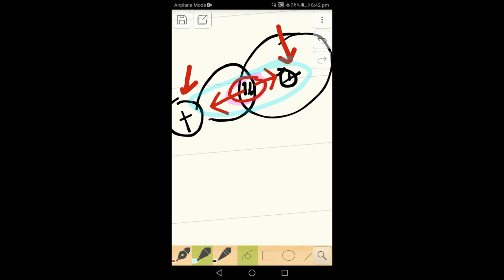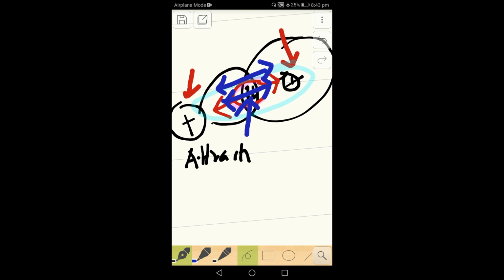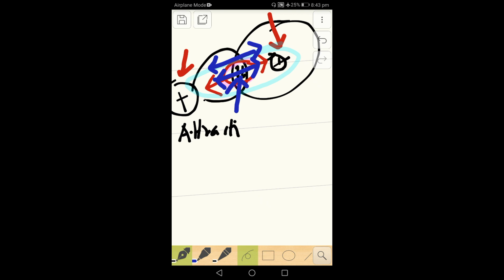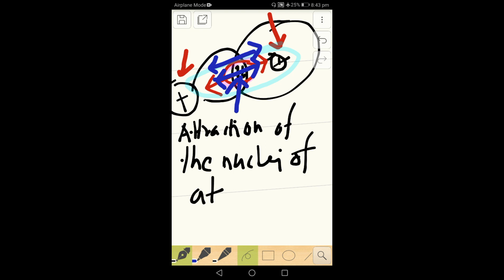So the electrons start to vibrate to and fro like this. The electron doesn't remain in this position, it starts to vibrate in a to and fro manner. Why? Because of the attraction of the nuclei of atoms.